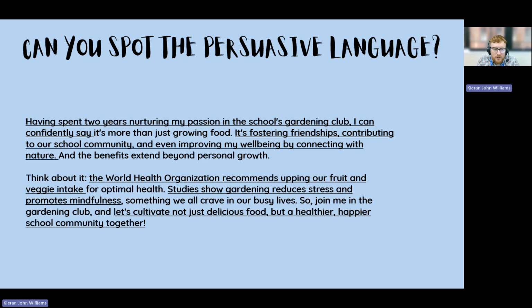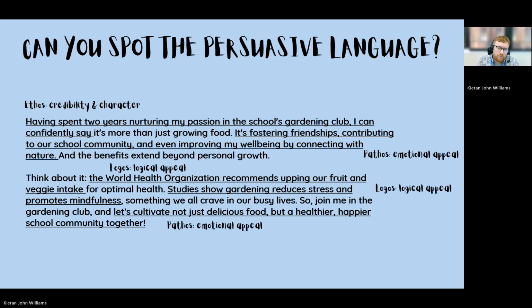Okay, so if you have a look here on the screen, these are the phrases which could be considered one of those three appeals. So hopefully you found these. There may be a couple more in here, but let's consider each of them in detail. So let's consider the first one here. Having spent 2 years nurturing my position in the school's gardening club. Now, which of the three is it?